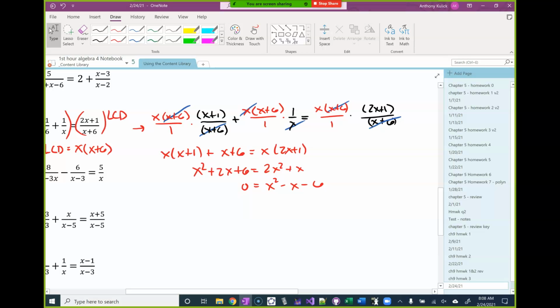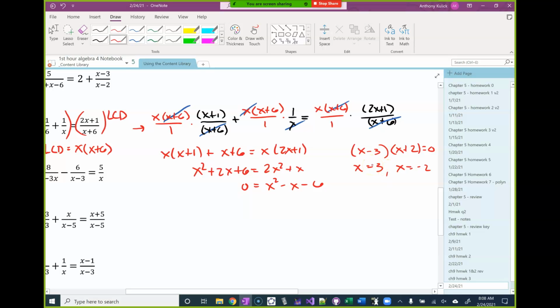So again, we can solve this by factoring, or if you didn't notice it was factorable, you could use the quadratic formula. That's fine too. So when I do that, what multiplies to give me -6 and adds to give me -1 is -3 and +2. So my solutions would be +3 and -2.